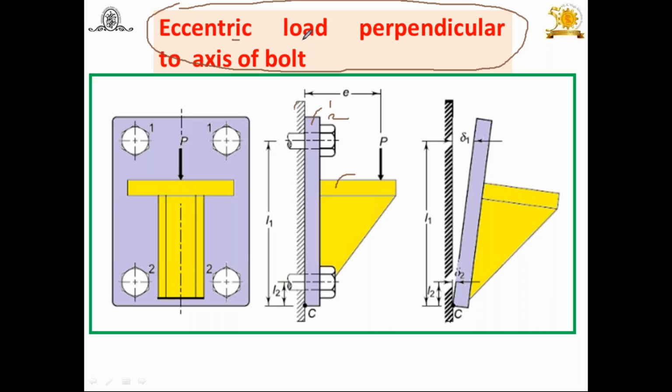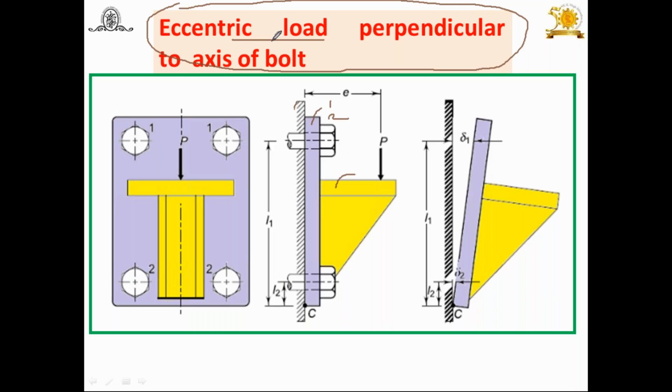But you will find here at position 1, 2 bolts are used, and they are in one line. Again, all these bolts are identical. And another position is 2, total 4 bolts here. At position 1, how many bolts? 2 bolts. And at position 2, again 2 bolts, total 4 bolts.